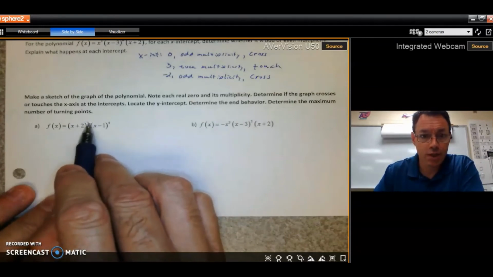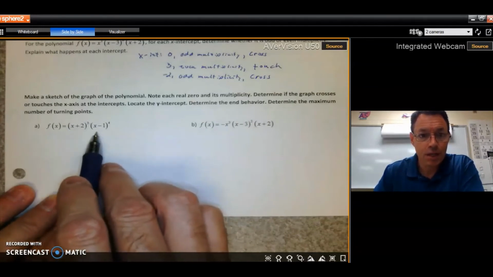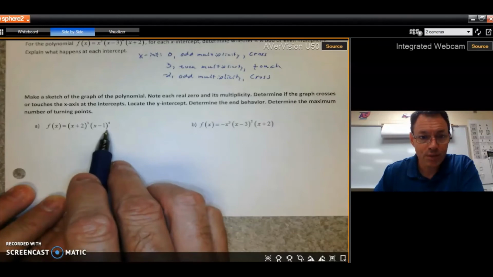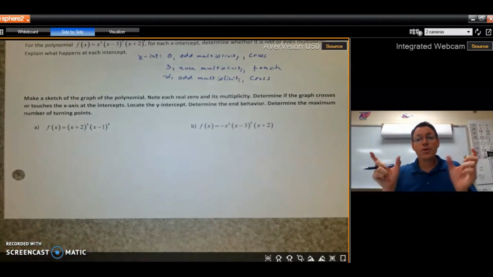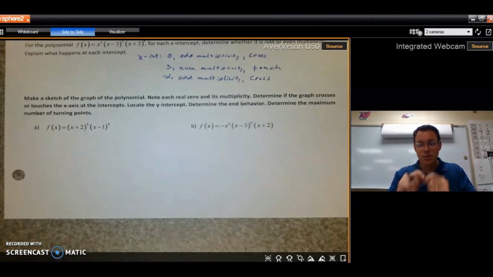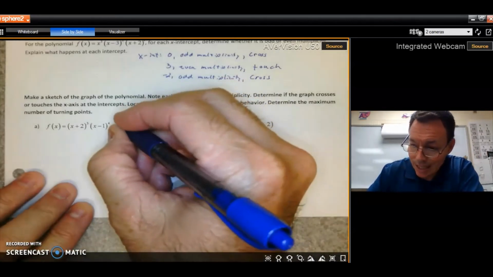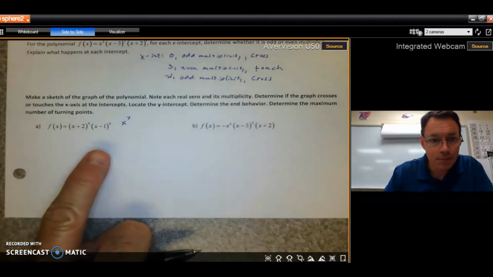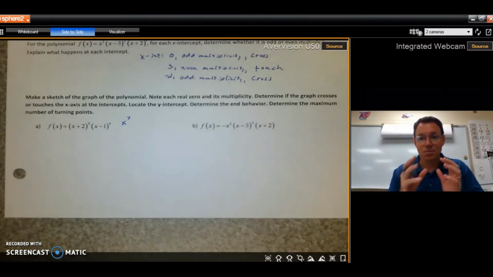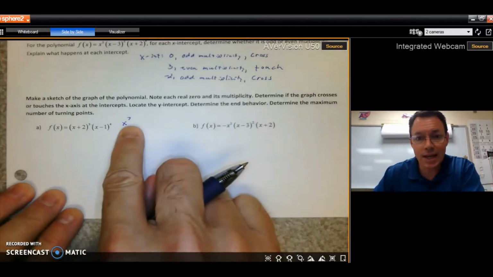That would be the degree of this, x cubed. If you were to multiply this all out, the leading term would be x to the 4th. But then those would end up getting multiplied together as well, so you would end up with an x to the 7th. If I were to multiply that all out, I would have an x to the 7th plus whatever, okay? But that's what I need to know, that x to the 7th.